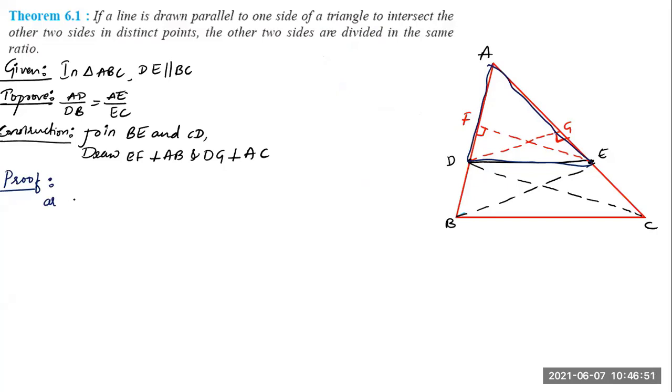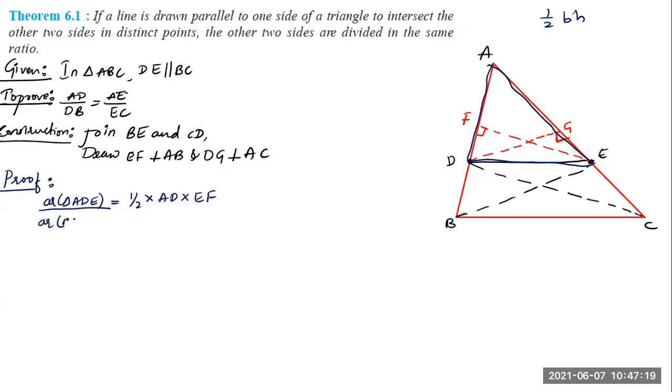We know that the area of a triangle is half base into height. Half into AD into EF, divided by another triangle.